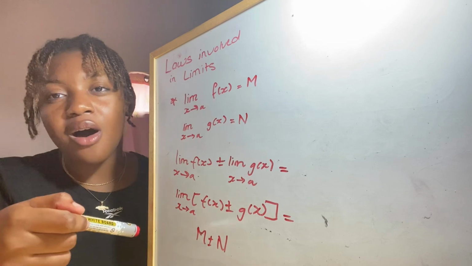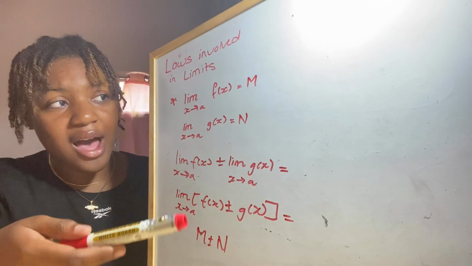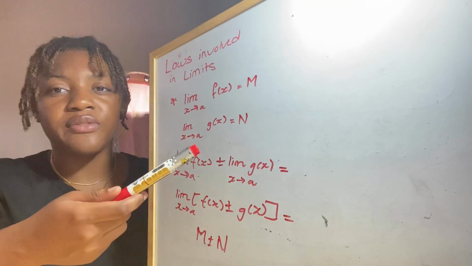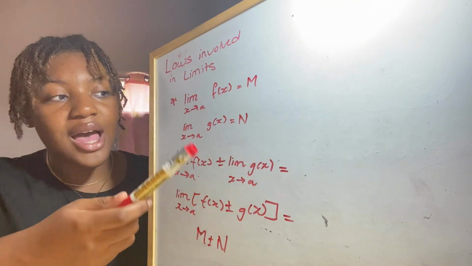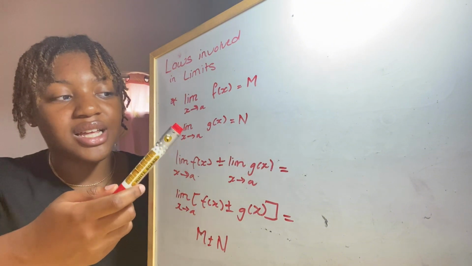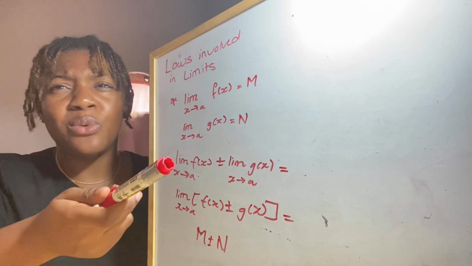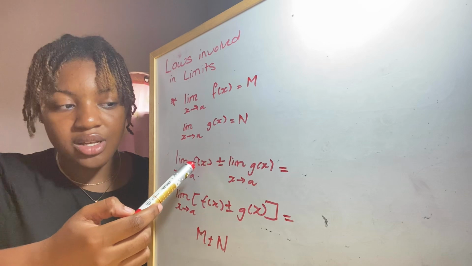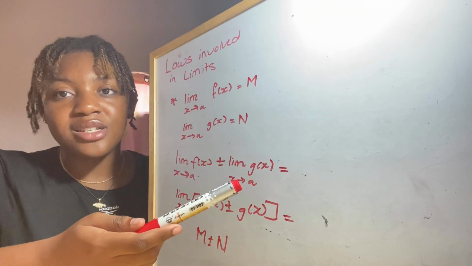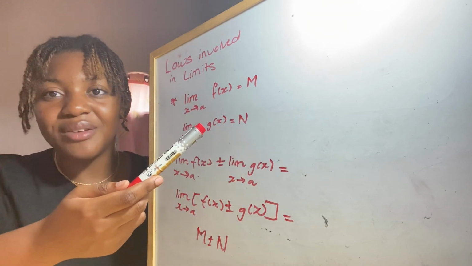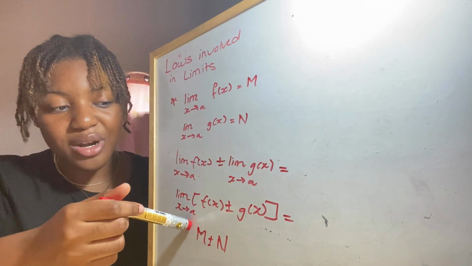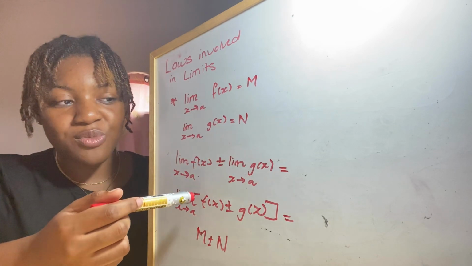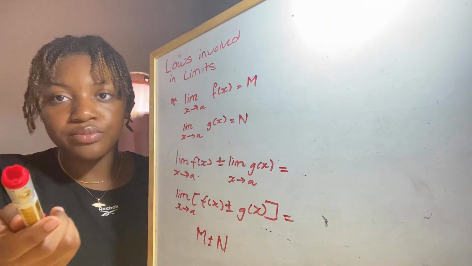Here's another law in limits. We have the limit of f of x as x approaches a, and the limit of g of x as x approaches a, and we want to find the sum or difference between these two limits. This law tells us that if these two limits are approaching the same number, we can write it as one term rather than separately.